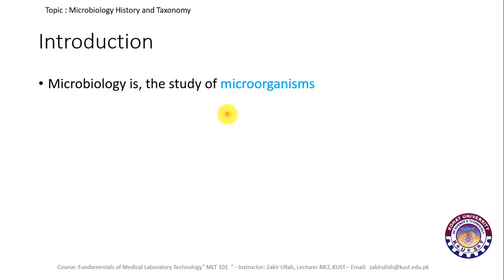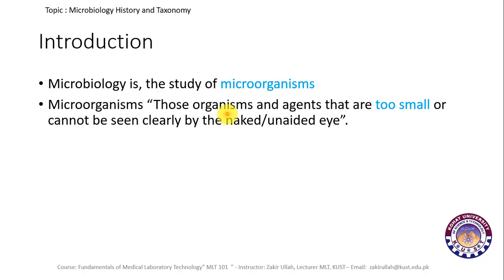Microbiology is basically the study of microorganisms, and the word splits into micro and organisms. Micro refers to organisms which are too small to be seen with the naked or unaided eye.